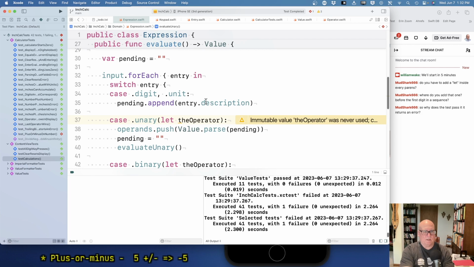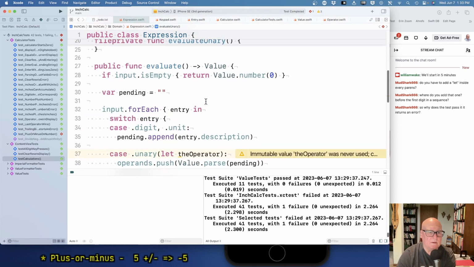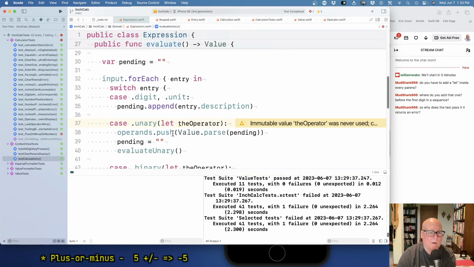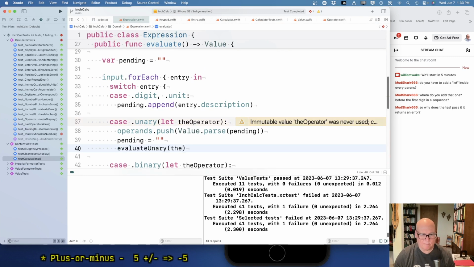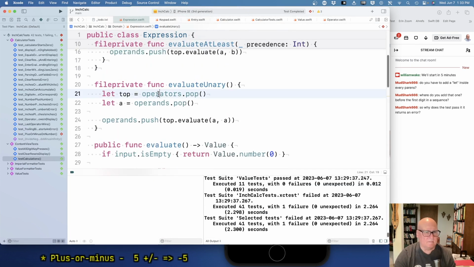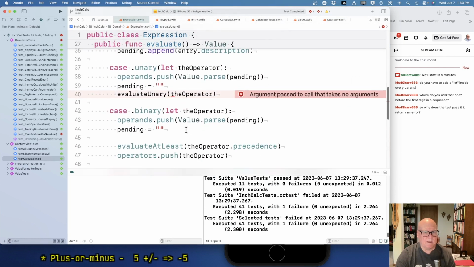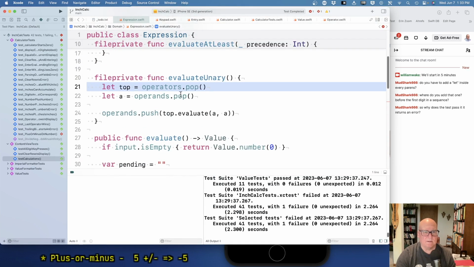Sorry, we push the operand, and then I guess we need to, well, let's just pass the operator instead. We have not pushed it on the operator stack, and we don't intend to.